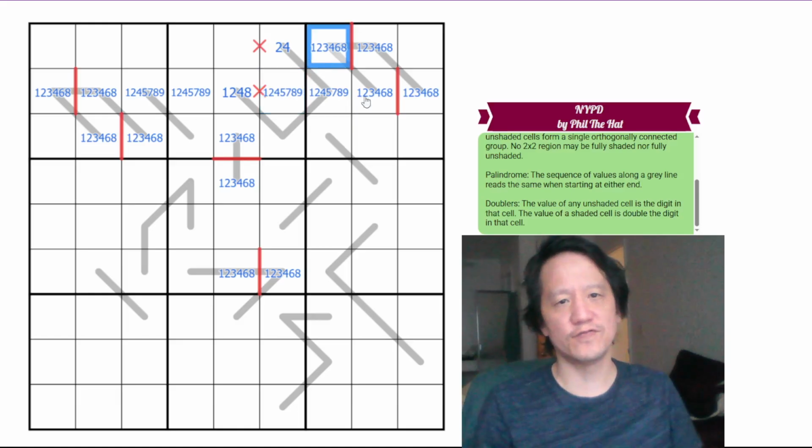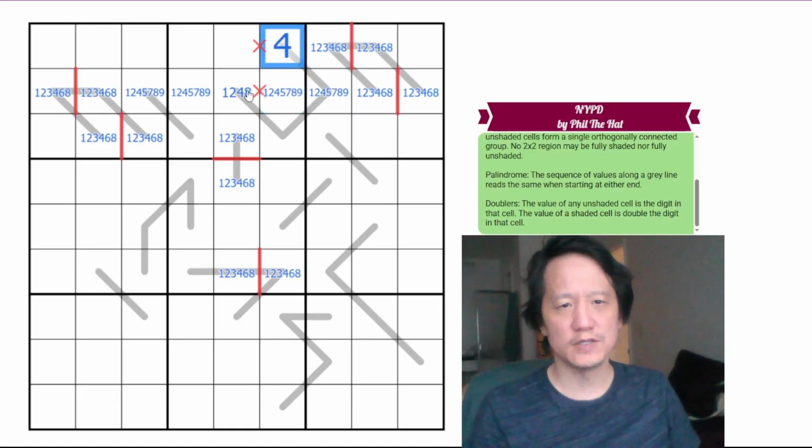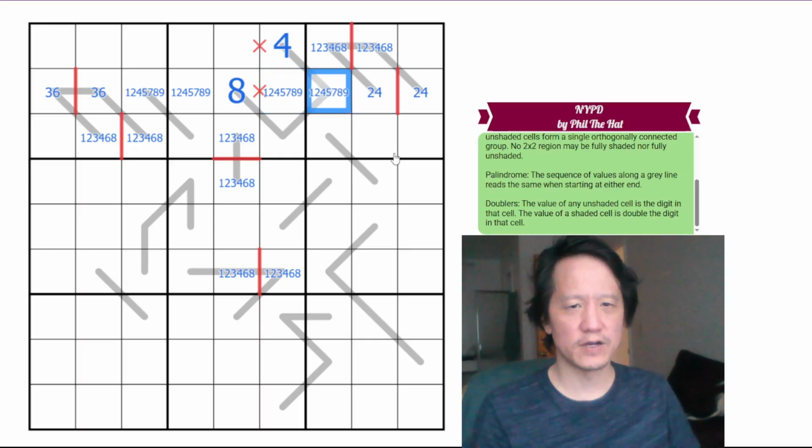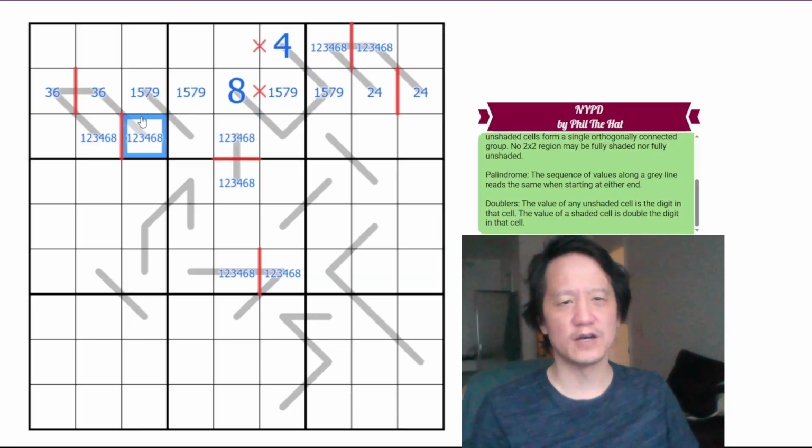So if this is 4 here, and this is 8, then this could be 4 here and 2, right? So you could have a 2-4 pair, 3-6 pair, and then you have, I don't know. This can't be 2-4, this can't be 2-4-8. So it's a 1-5-7-9.